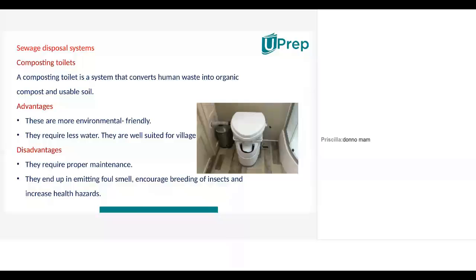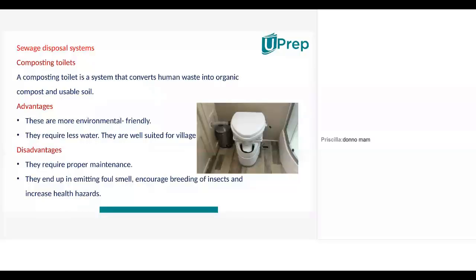Correct. So basically these composting toilets, most of the time, are good for the environment at least. In the long run, what really matters is what is good for the environment and what is bad for the environment. However costly it may be, if it is good for the environment, then half the job has already been done. Correct?